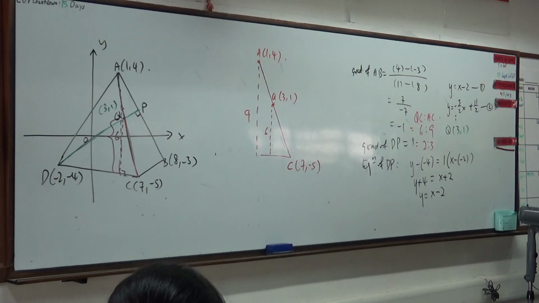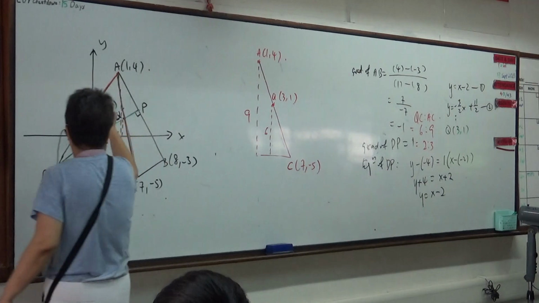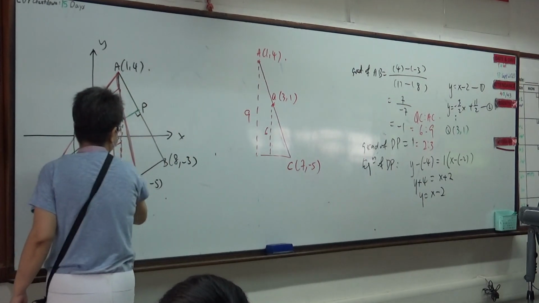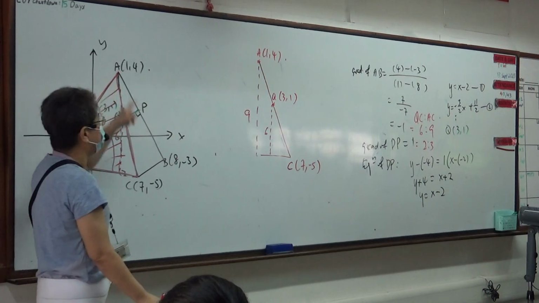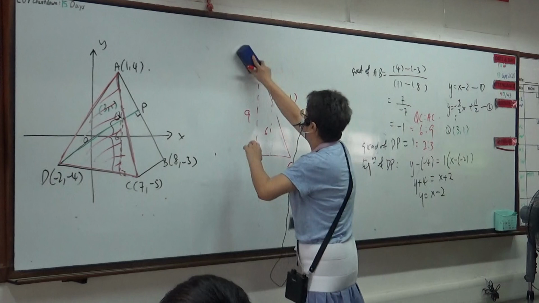Last question. Find the area of triangle ABC. Okay? Now I'm going to find the triangle ABC. Now all of you look up. I want to find this triangle. So I just use shoelace method. I can find. Okay, so I'm going to write down here.